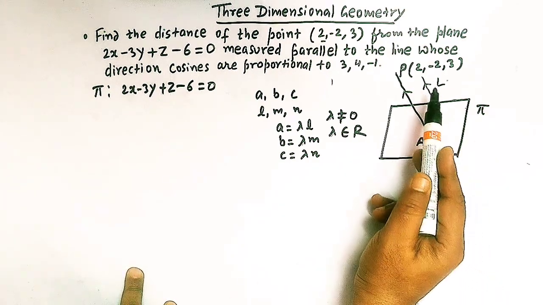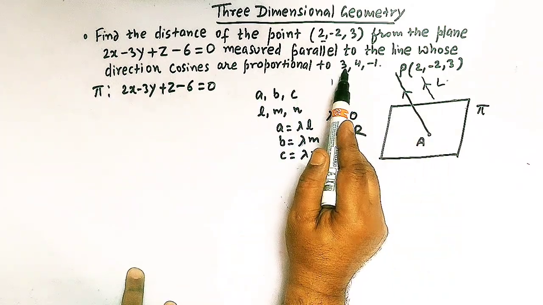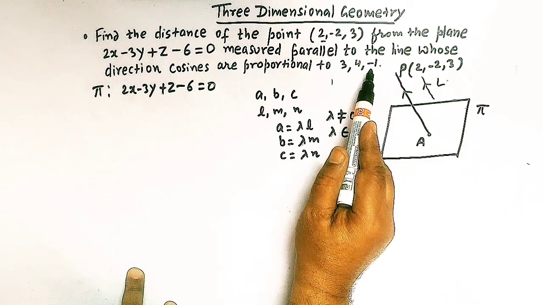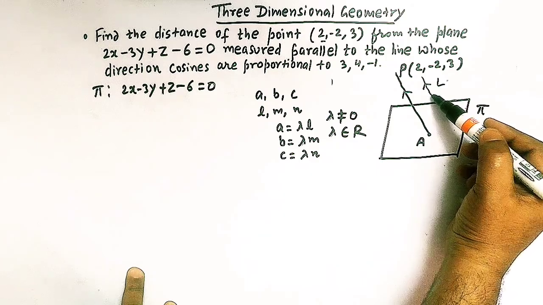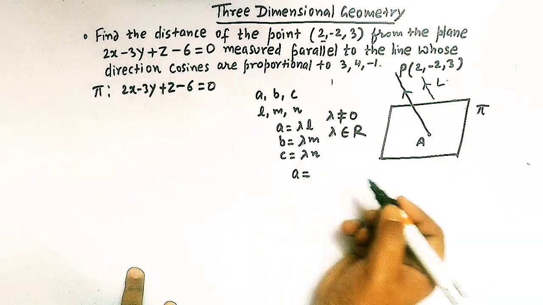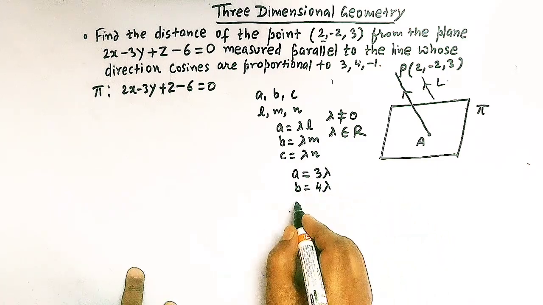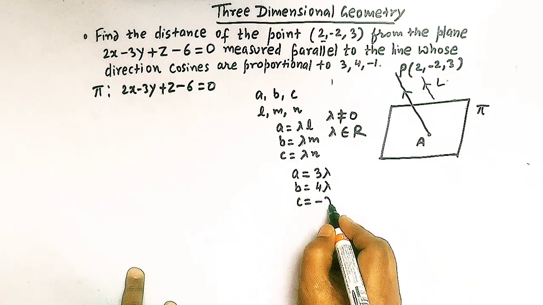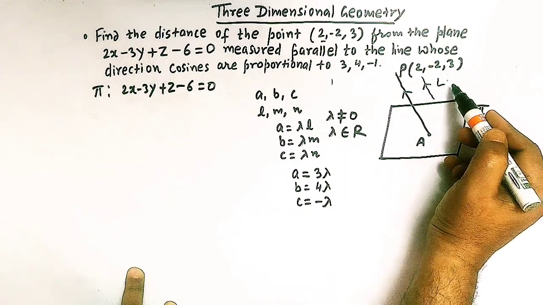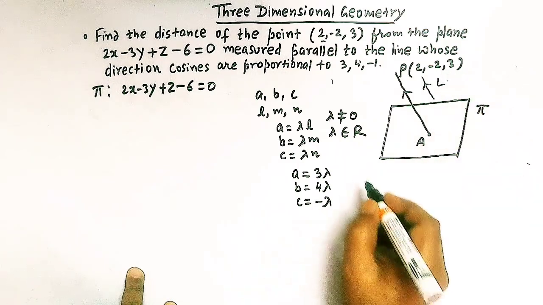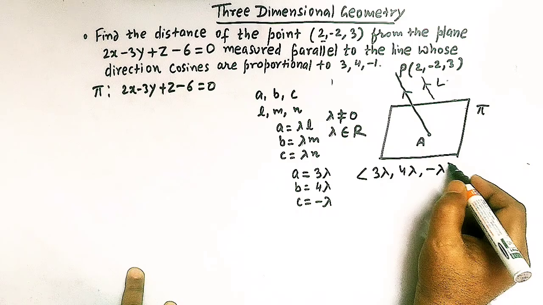Now the direction cosines of this line L are proportional to these numbers 3, 4, and -1. So the direction ratios of any line which is parallel to this line L are given by a = 3λ, b = 4λ, and c = -λ.